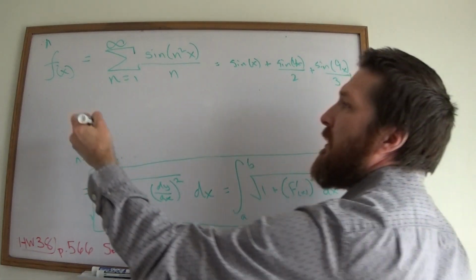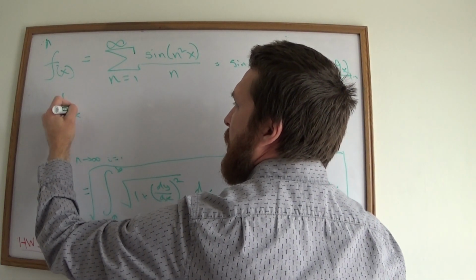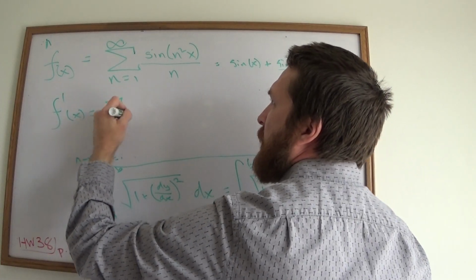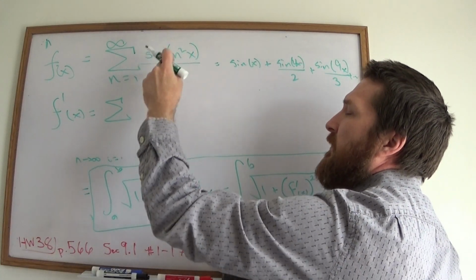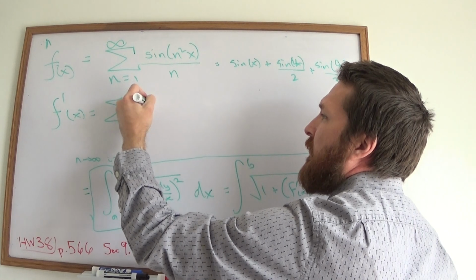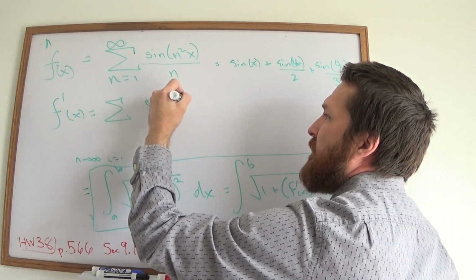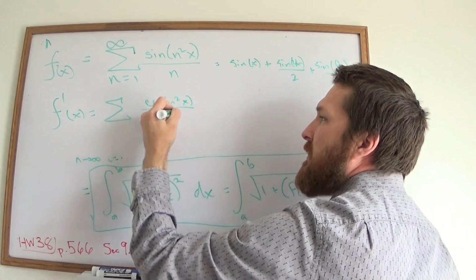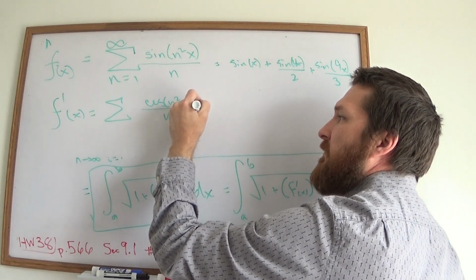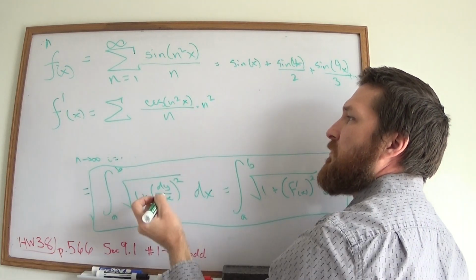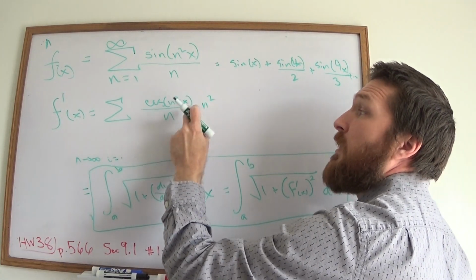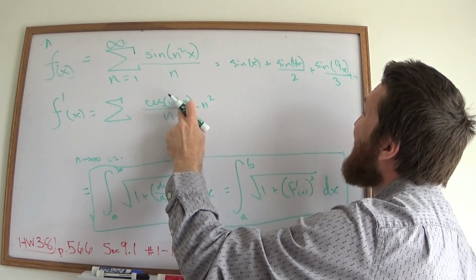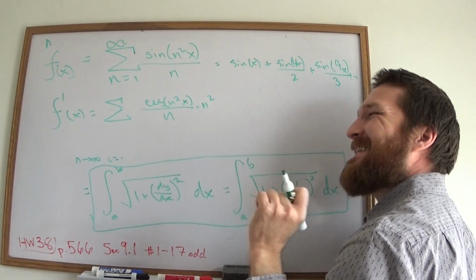function. But if you try to take its derivative, what's the derivative of sine? Cosine. So it's cosine of stuff times the derivative of the inside stuff, which is n squared. N squared is a constant with respect to x.